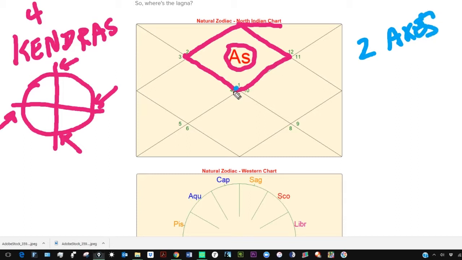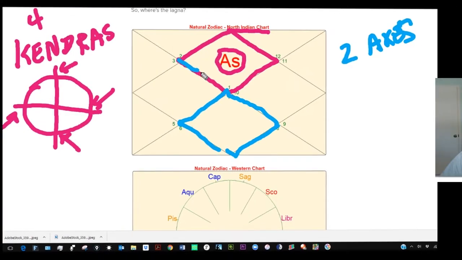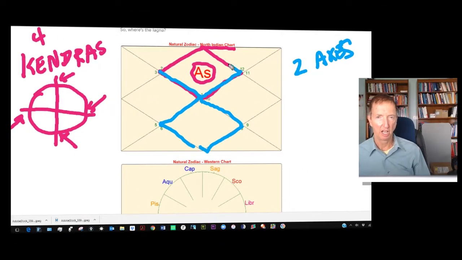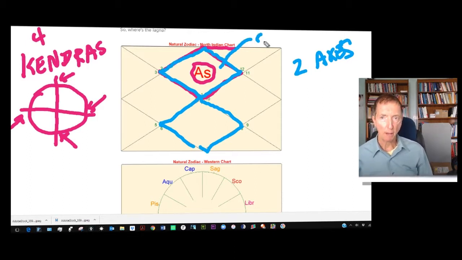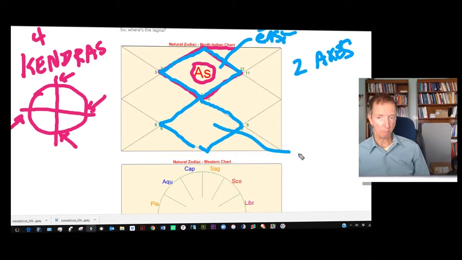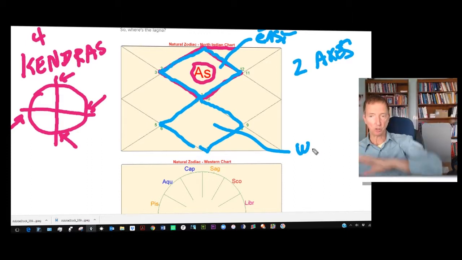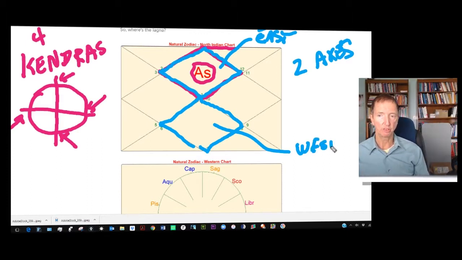So you have, in this chart here, the 4 boxes in the middle, which are the kendras. The one at the top is the east. The one at the bottom is 180 degrees across, so that would be the west.